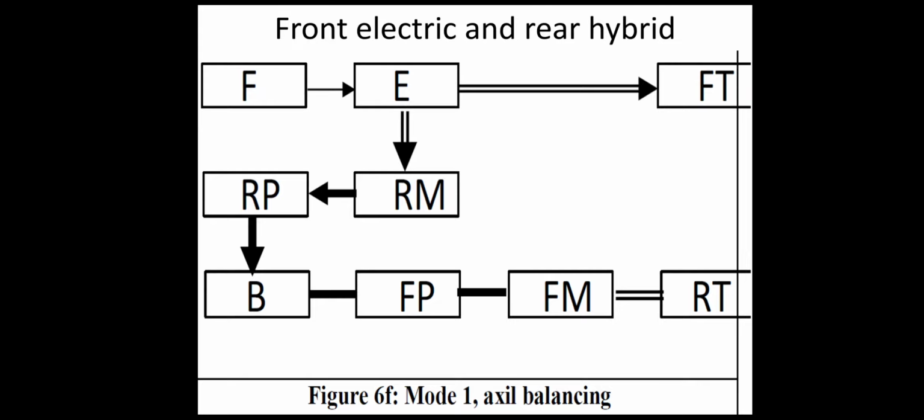So hope you understand these six modes in both configurations, and if you have any query, then ask me anytime. I think these modes will be beneficial in the future for understanding electric hybrid vehicles.